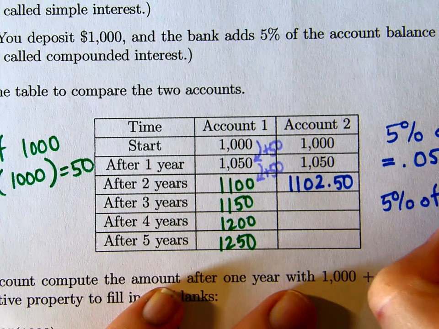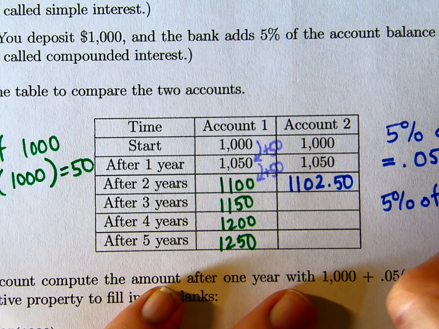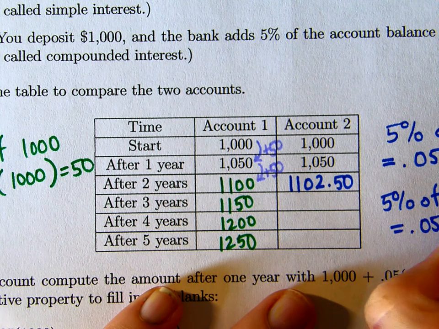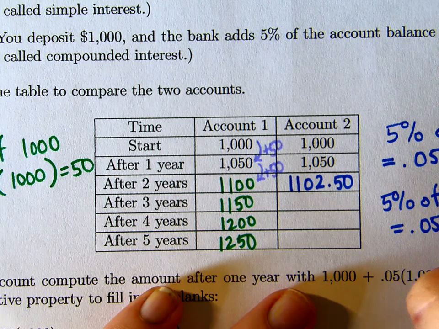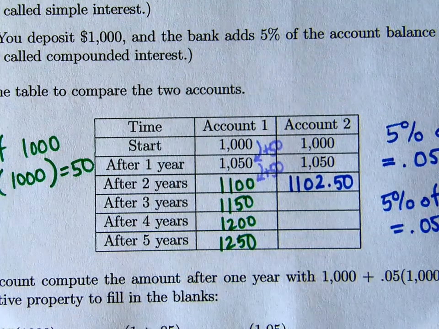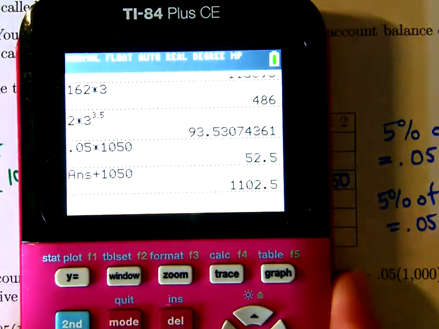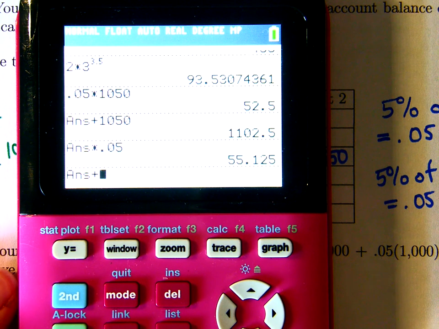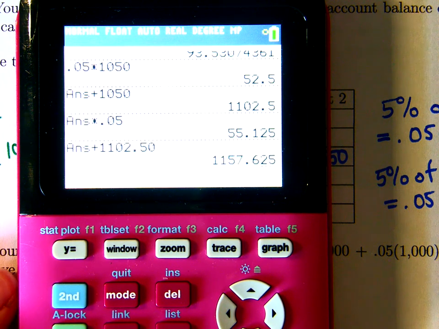And then I'm going to do this again. 5% of $1,102.50. Okay, let's see what we got here. Times 5%, and then add that to $1,102.50. 1,157.63 about.